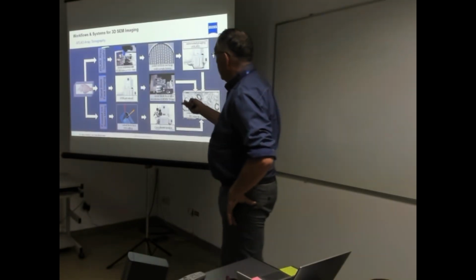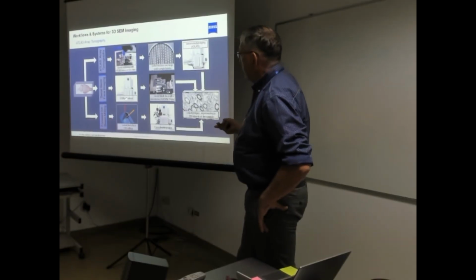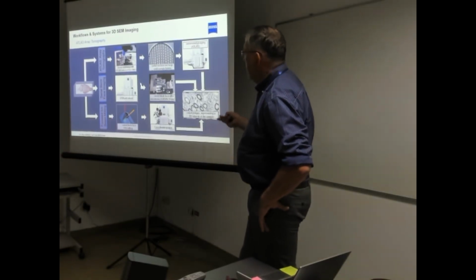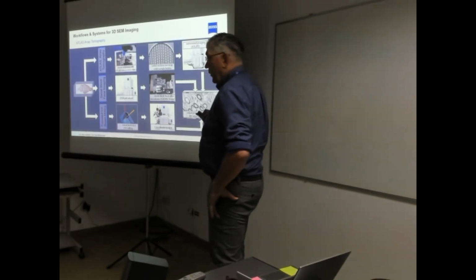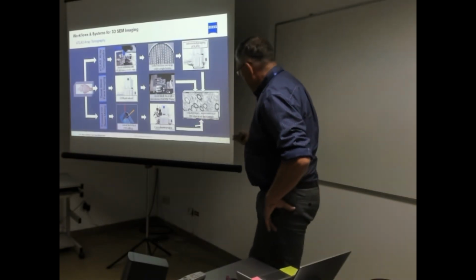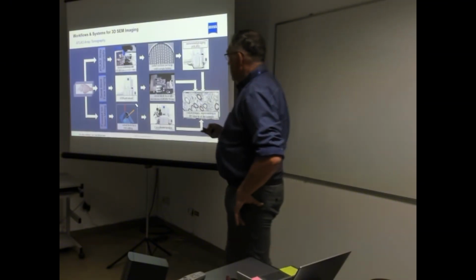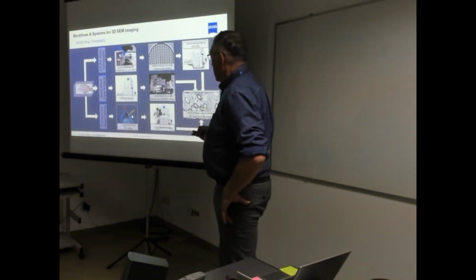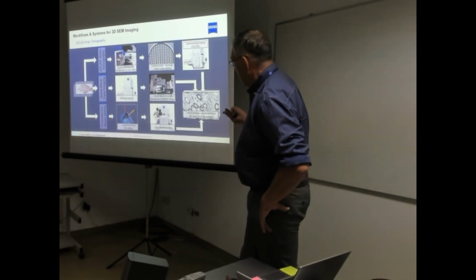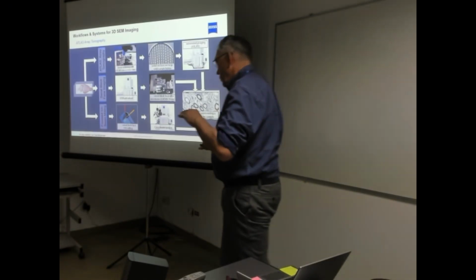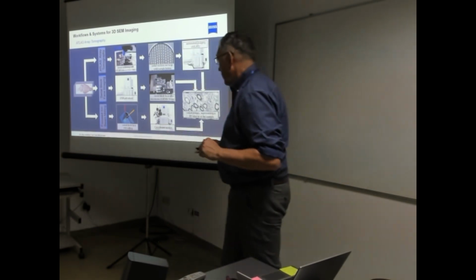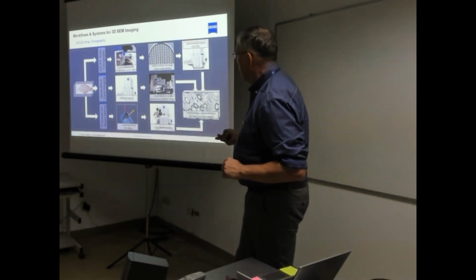You can also do serial block face imaging, where you have an ultramicrotome inside your electron microscope. In this case, you also get surface images, which you align to a stack. A similar technique uses not an ultramicrotome but an ion beam, which takes the sample material off and creates new surfaces.